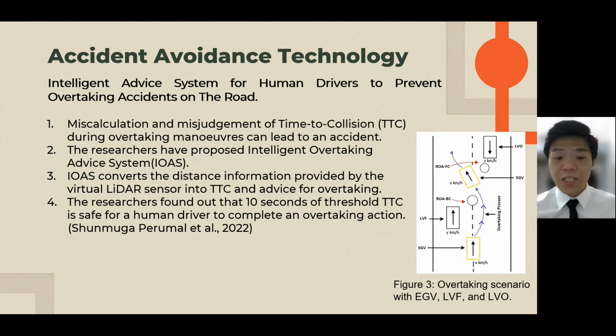So the researchers found out that 10 seconds of threshold TDC is safe for a human driver to complete an overtaking action. So when the TDC is more than 10 seconds, the system will advise the driver to overtake.